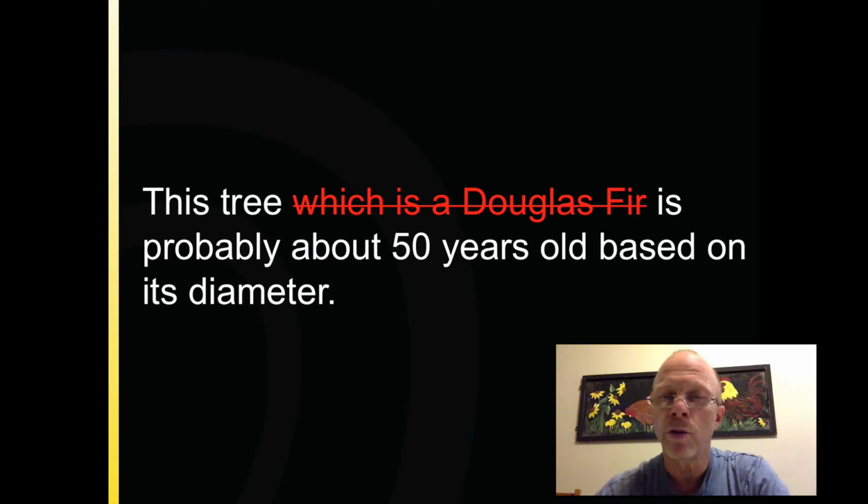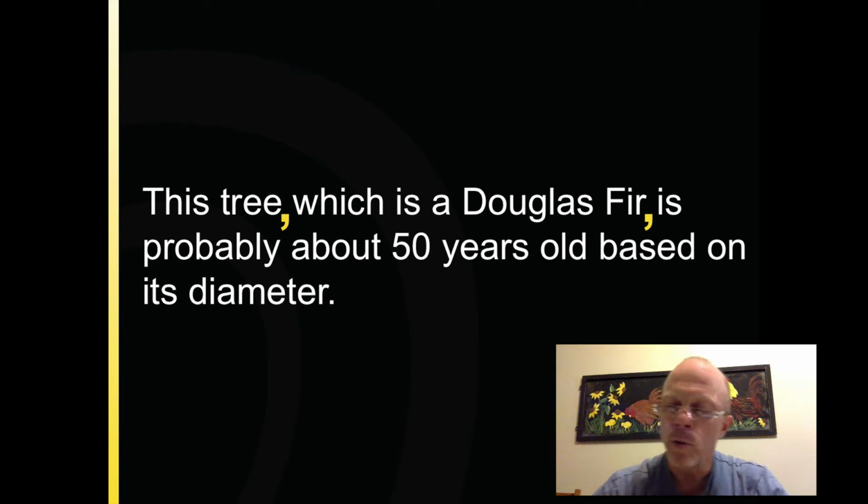Since I could scratch this out, I need to set this off with commas. So I need a comma before which, and I need a comma after fir. This is an aside or an interrupter. I really have to be able to hear this. Think of it as a parenthetical phrase. In this sentence, tree is my subject and is is my verb.